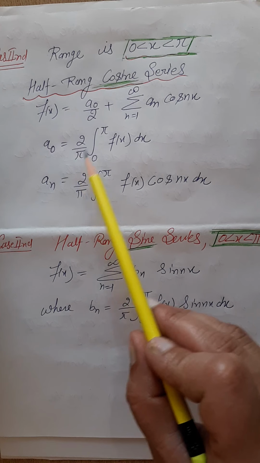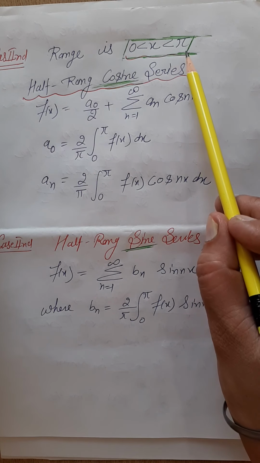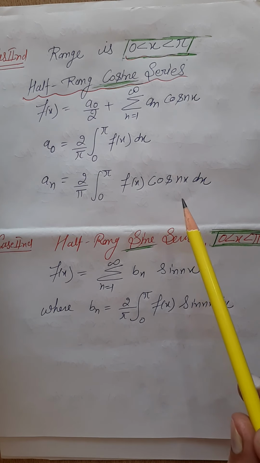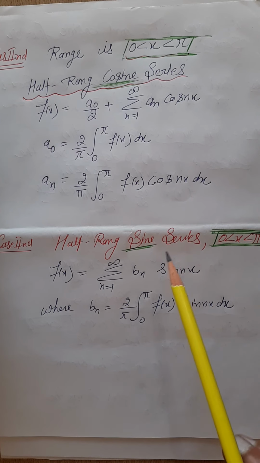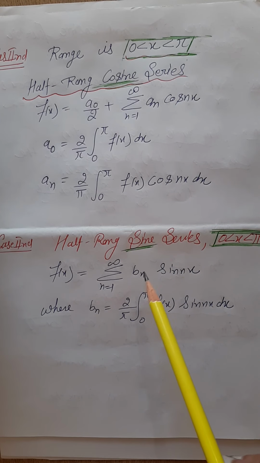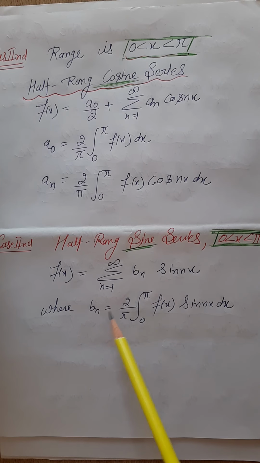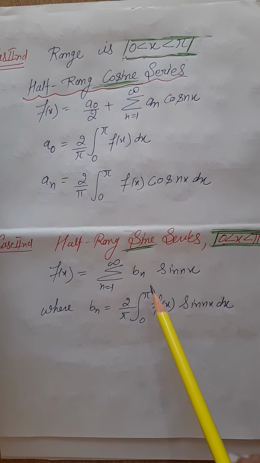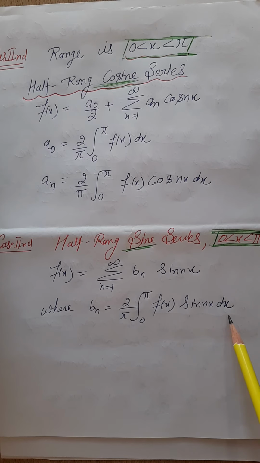So you write pi if you are given the interval pi, and you write L if you are given that interval. Then in the same way you can write fx as summation bn sin nx, and bn is 2 by pi, 0 to pi, fx sin nx dx.